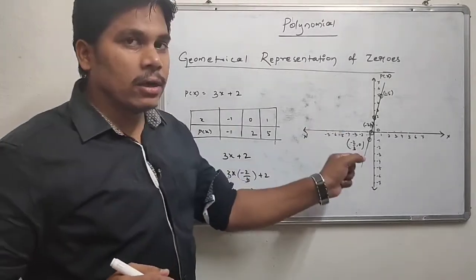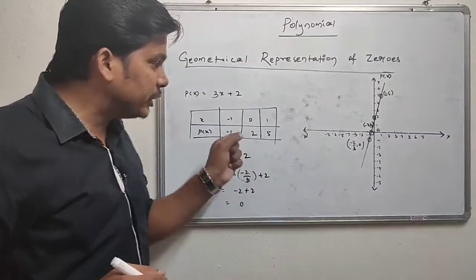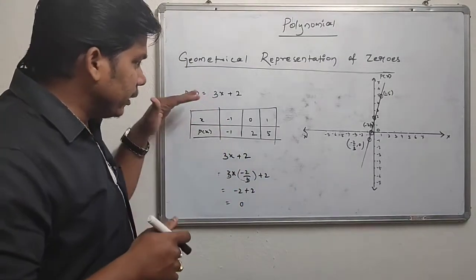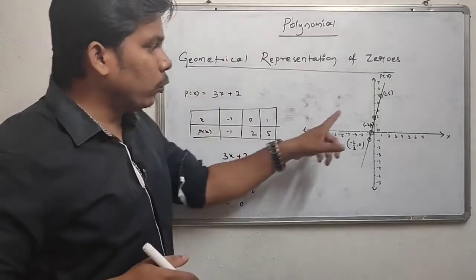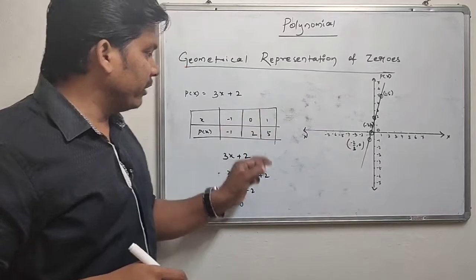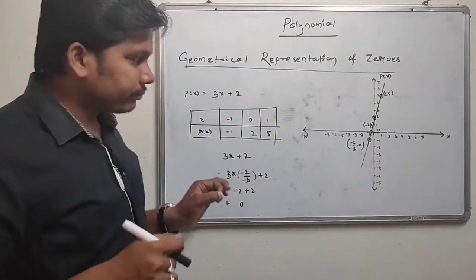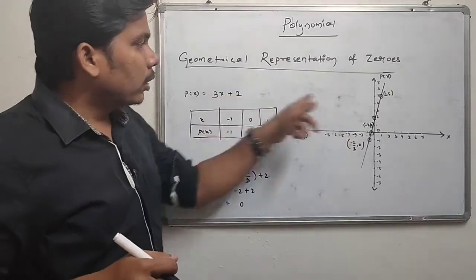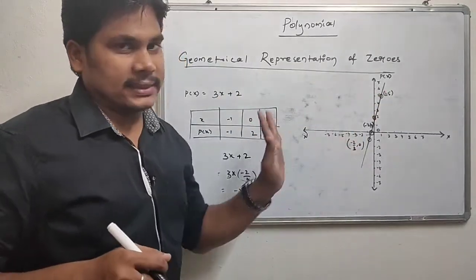Means we can easily understand this point is the 0 of this polynomial. Means for this polynomial there is only one 0, and that 0 we get from the line which cuts the x-axis.